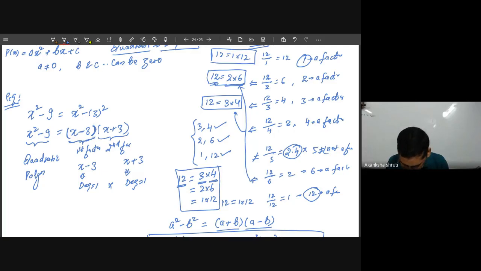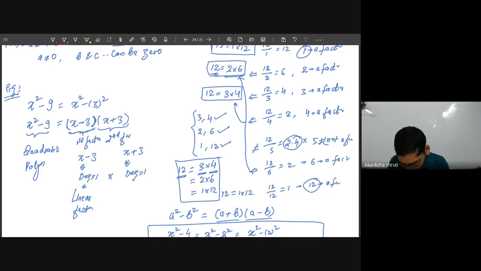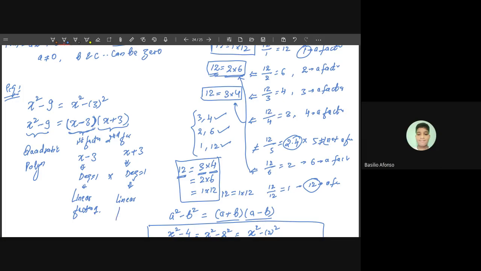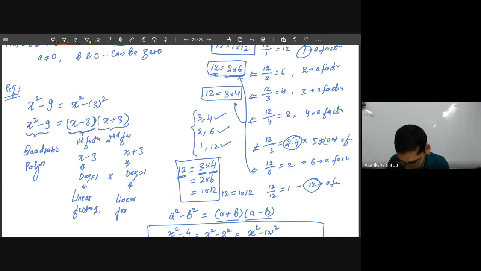When the degree is 1, it is called a linear factor. So this is linear factor 1, and this is also a linear factor, linear factor 2.